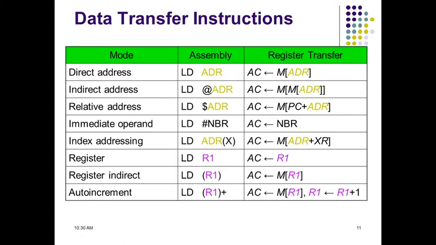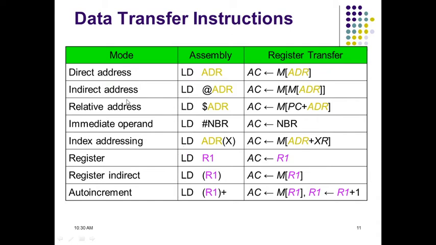Next are the addressing modes. Here I have written the different addressing modes, so this is just a summary of them. Direct addressing mode. I have written these examples by taking load, that is LD, as the operation.